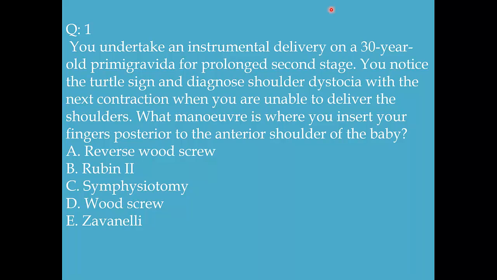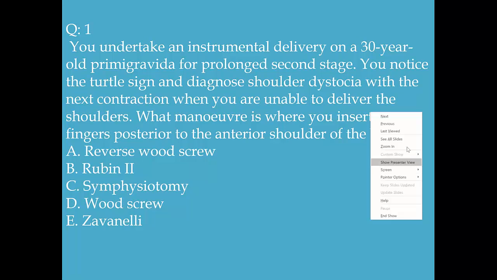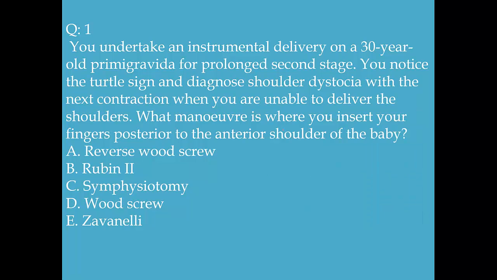Question number one. You undertake an instrumental delivery on a 30-year-old primigravida for prolonged second stage. You notice the turtle sign and diagnose shoulder dystocia. With the next contraction, when you are unable to deliver the shoulders, what maneuver is where you insert your fingers posterior to the anterior shoulder of the baby? It's Rubin 2.